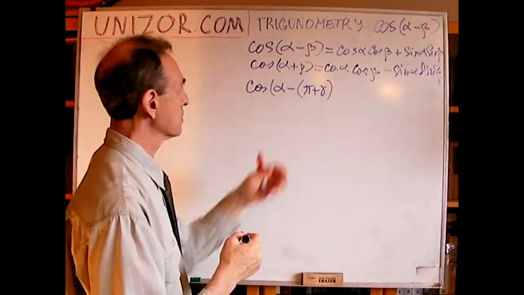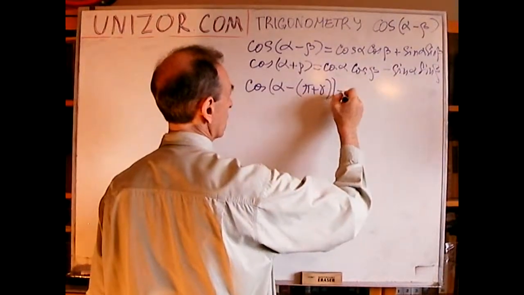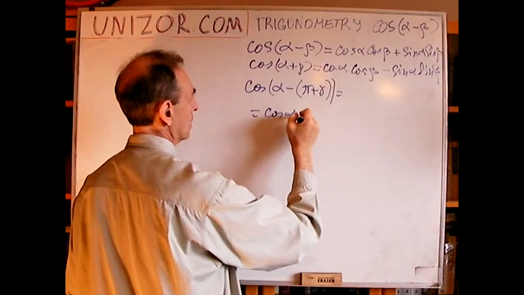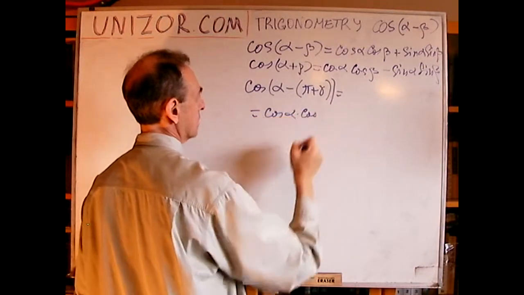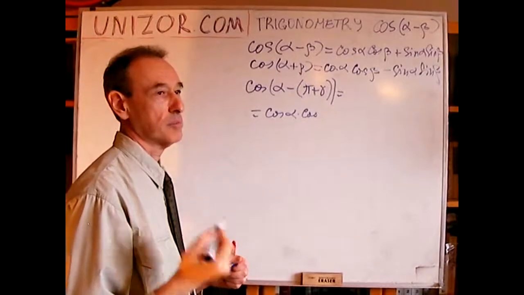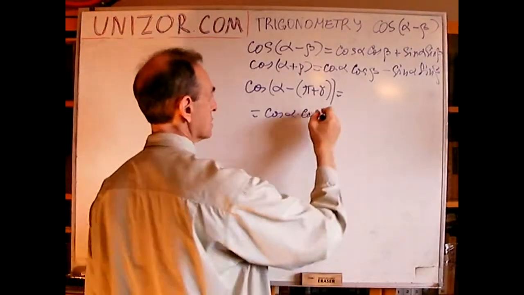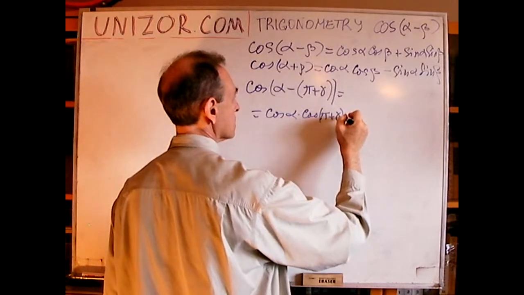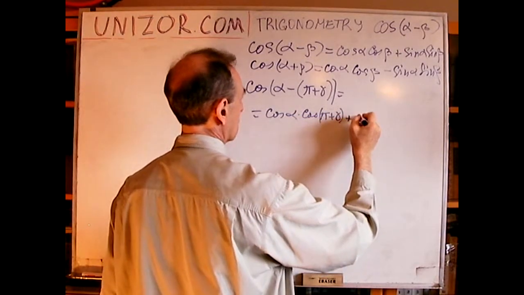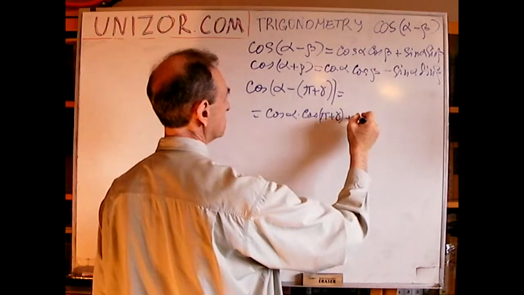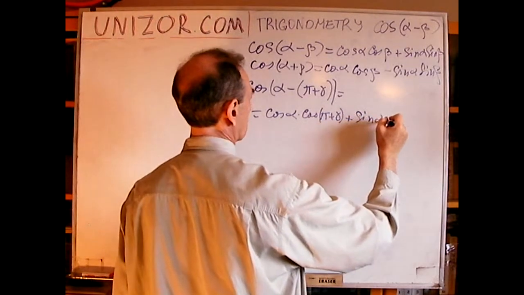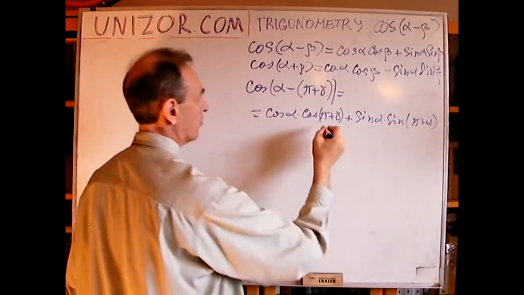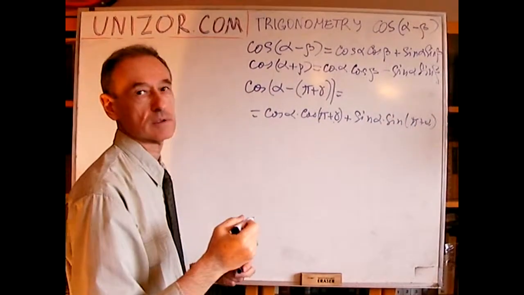Now, what happens with this, according to this formula? Well, let's just think about it. It's cosine alpha times cosine of pi plus gamma, well, let me just put it as is, plus sine alpha times sine of pi plus gamma. Now, pi plus gamma is changing the sign.